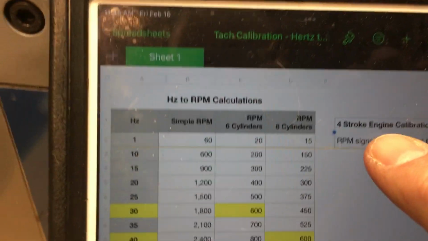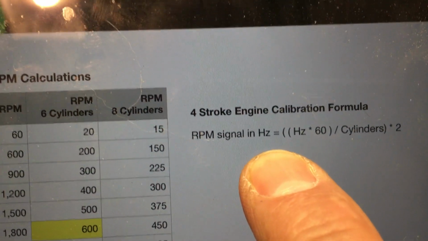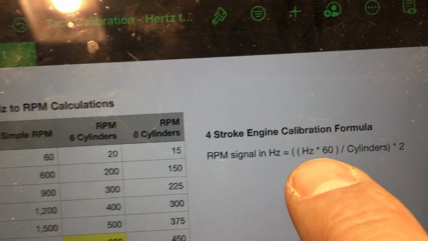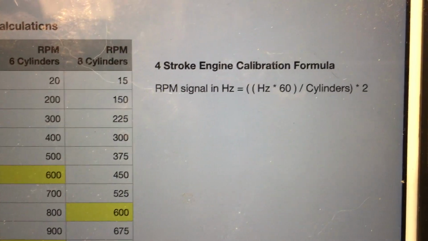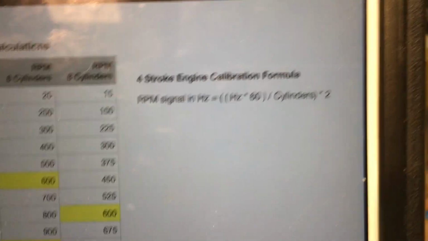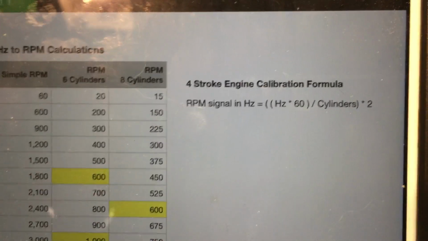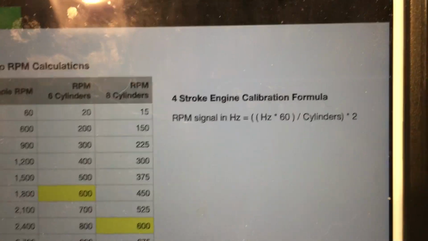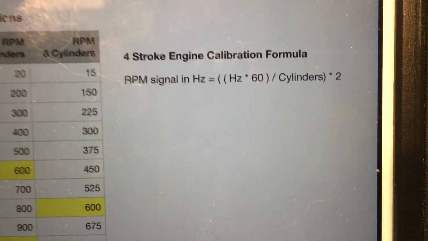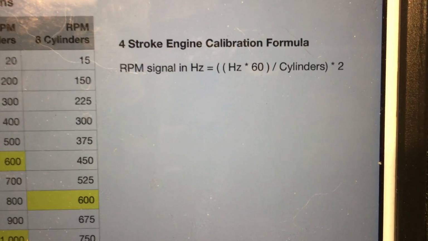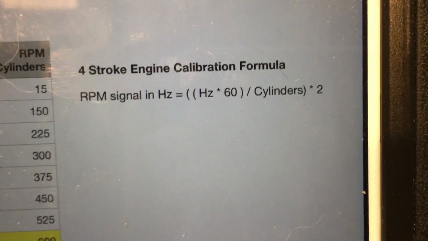So for a 4-stroke engine, the RPM signal in hertz is equal to hertz times 60 divided by the number of cylinders. 1 hertz is just a generic number of reference. 1 hertz means 1 cycle per second. RPM is revolutions per minute, so that's 60 seconds. So that's what the hertz times 60 equals.